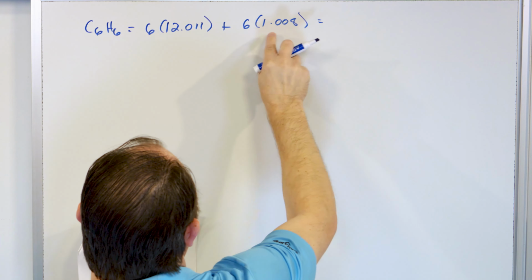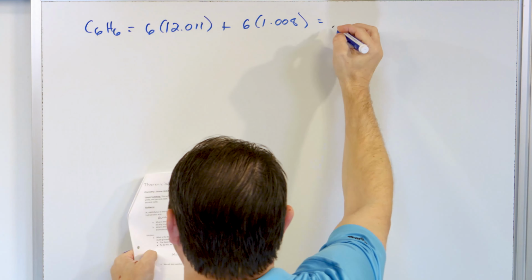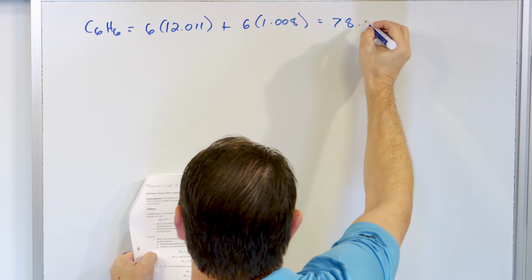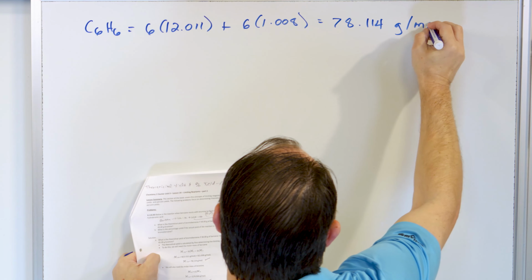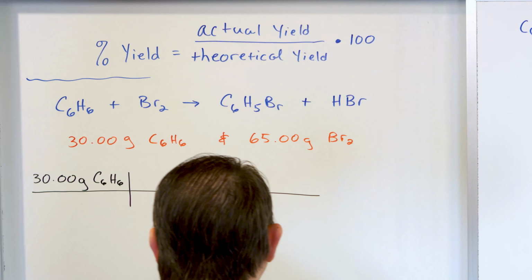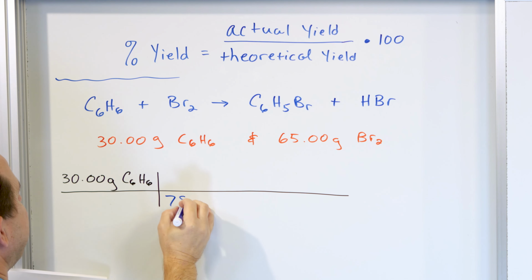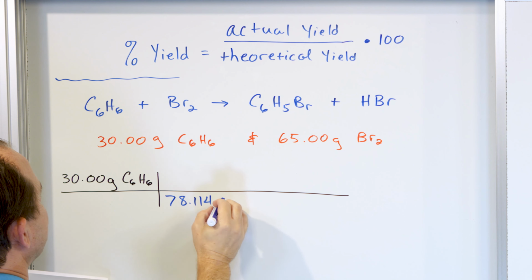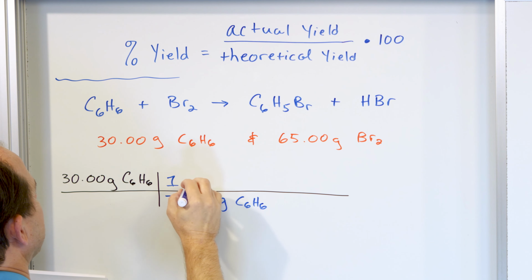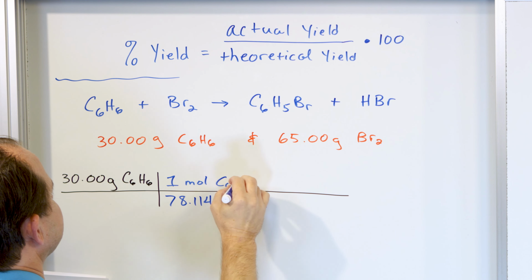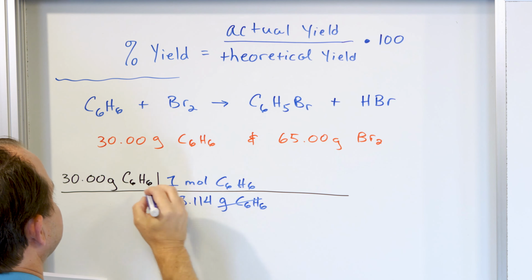And so if I take 6 times this and 6 times this and then add those numbers together, I get 78.114 grams per mole. So I'm going to go here and say 78.114 grams of C6H6 is exactly equal to 1 mole of C6H6. Now this cancels with this.